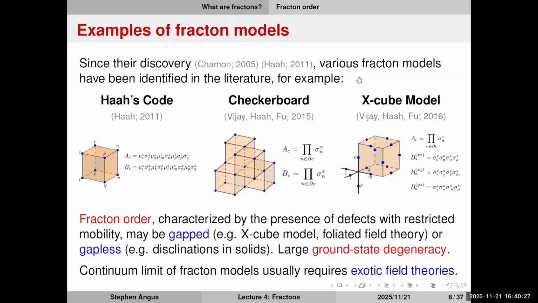That's the situation where you are characterized by the presence of defects in your theory that have restricted mobility. And these defects may have a mass gap. For example, this X cube model and also so-called foliated field theory have a mass gap, or they can be gapless, for example, disclinations in solids. That's when you have a lattice and at some point there's an angle deficit. And that center of that angle deficit cannot move in any direction.